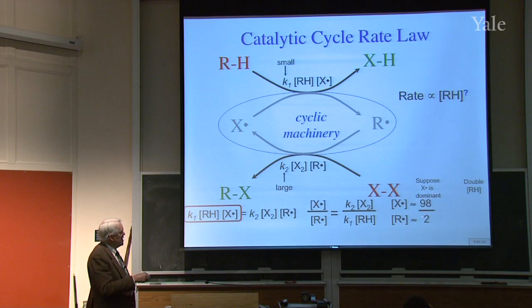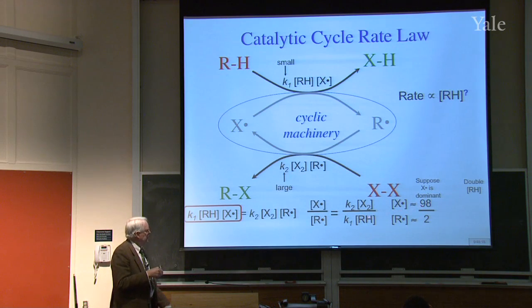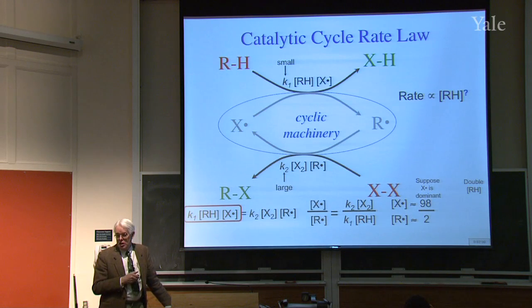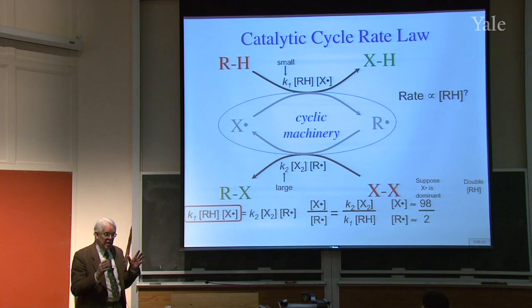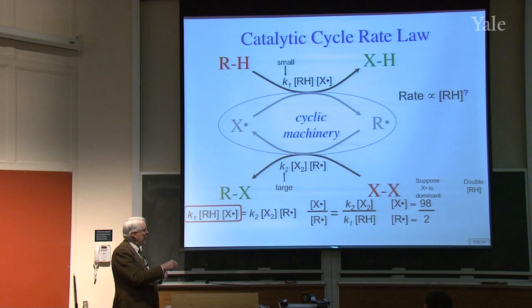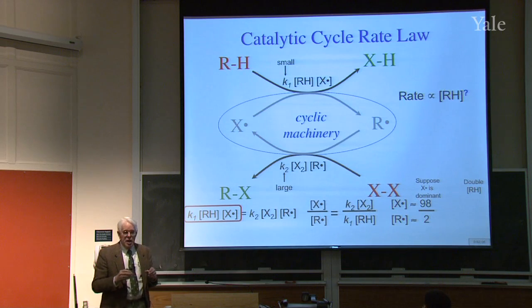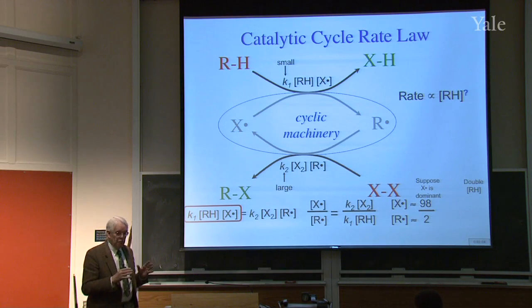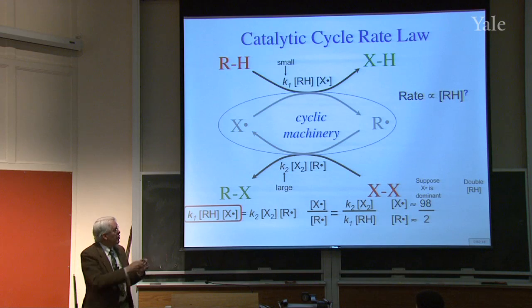So instead of 98 to 2, we have to get a ratio that's only half that big, right? We have 100 radicals to deal with. They're in the form of 98 x dot and 2 r dot. And if we double RH up here, right? We're interested in what that exponent is. When we double RH, we're going to have that ratio.